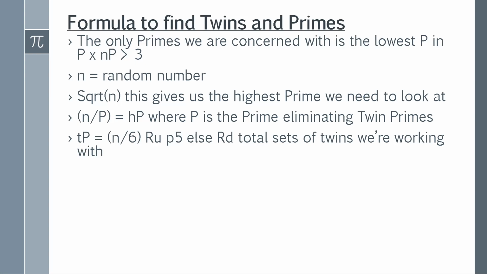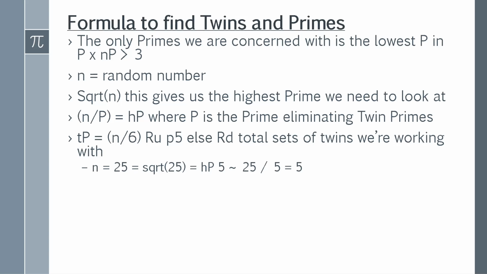If it's position 5, we want to round up. If it's any other position, 1, 2, 3, 4, 6, we're going to round down, so that we have the right amount of twins that we're dealing with.